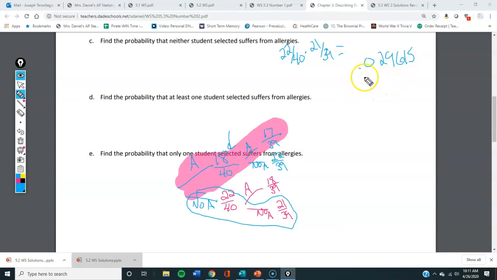What's the probability at least one suffers? Whenever you see at least one, your path of least resistance is to subtract. To do 1 minus they all do. And we found that up above is 0.19615.